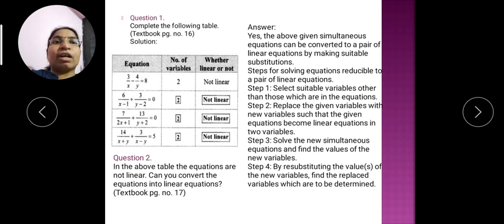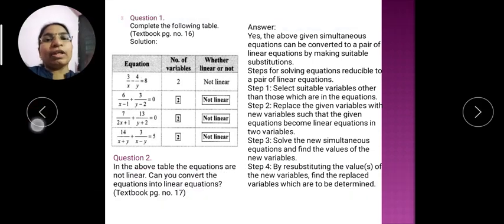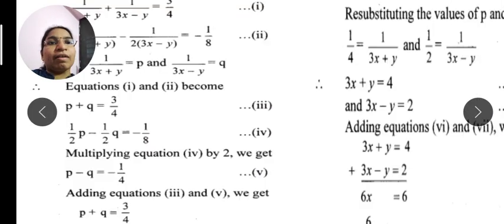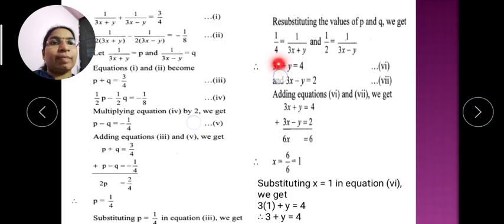Yes, we can convert this simultaneous equation into linear equations by making a suitable substitution. What is the suitable substitution? That we just saw in this question. See here. Is this a linear equation in two variables?